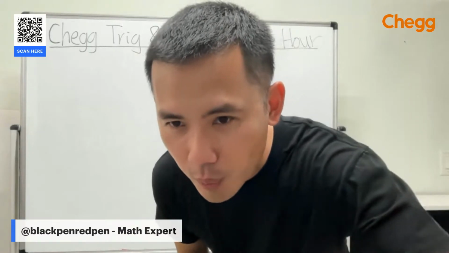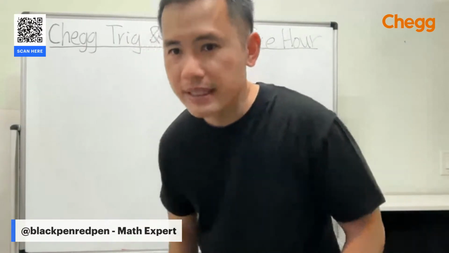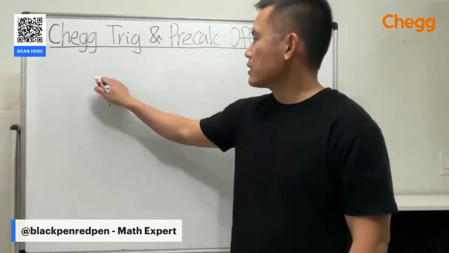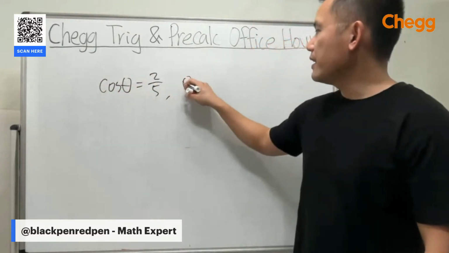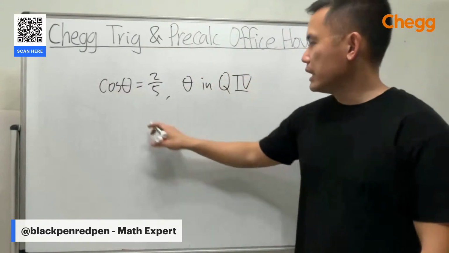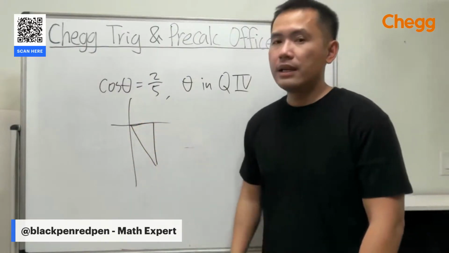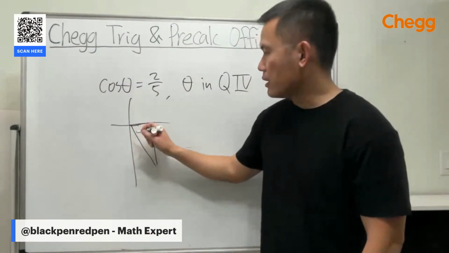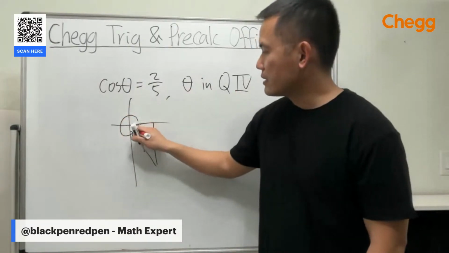Wait, for that question, which angle are we reviewing for its theta? Okay, sorry. For cosine theta equals 2/5, theta, as we discussed earlier, is in quadrant 4, and then we draw the reference triangle here, right? Technically, it's this angle here, but well, technically it's like this. It can be like this, or it can be like this.